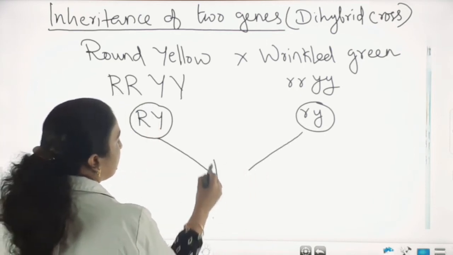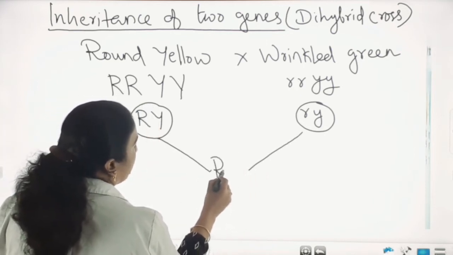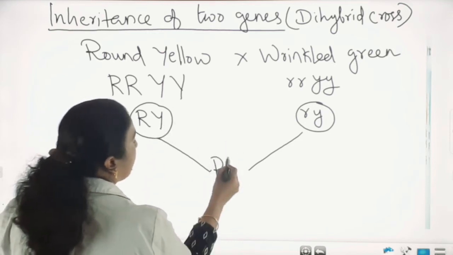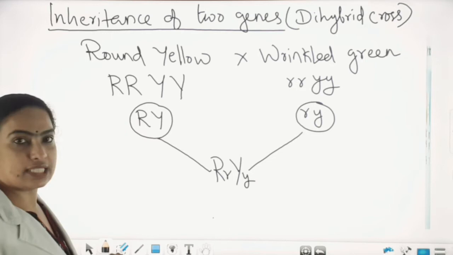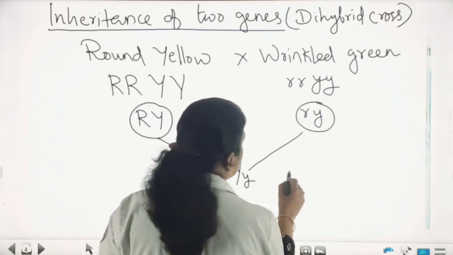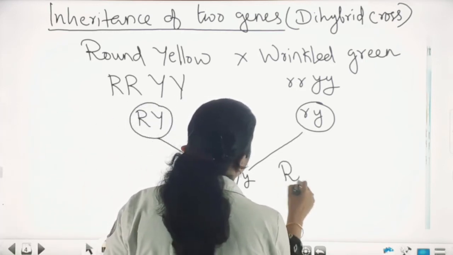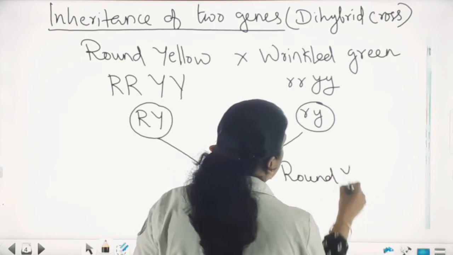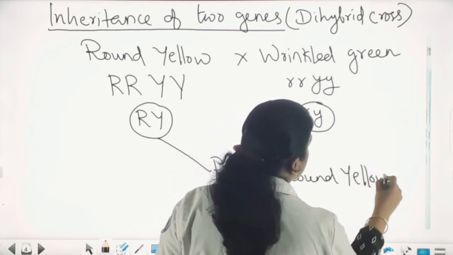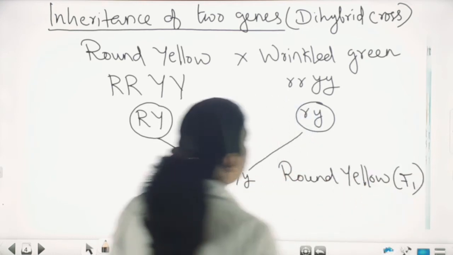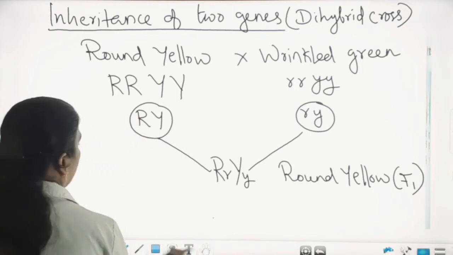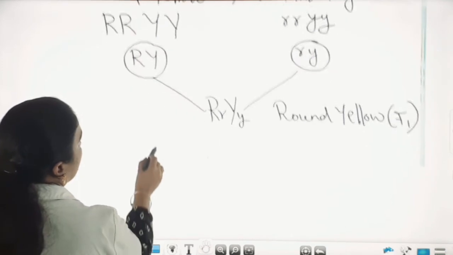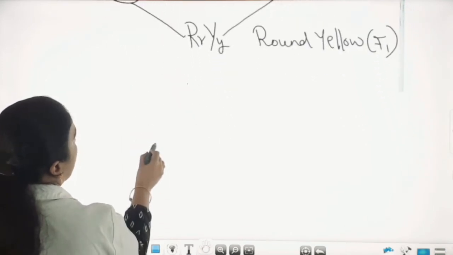So normally the dominant character dominates over the recessive, and the next character also dominates over the recessive. And the F1 generation is round yellow. So this is the F1 hybrid or F1 generation. And after that he conducted self-pollination of this F1.